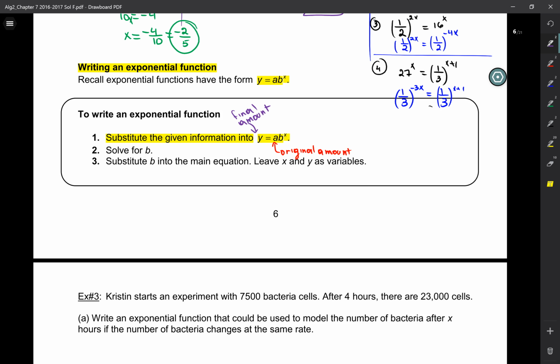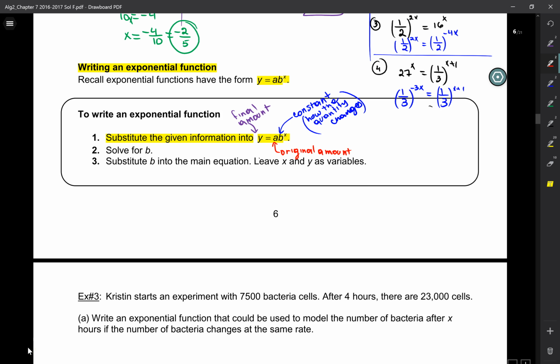So b will give you information, this is a constant, and it tells you how fast the quantity is changing. And x is going to be your time.